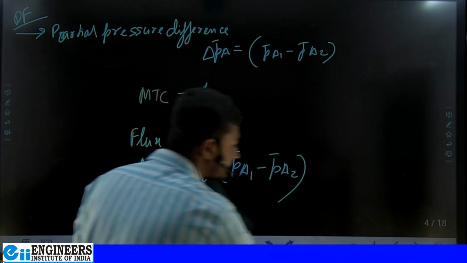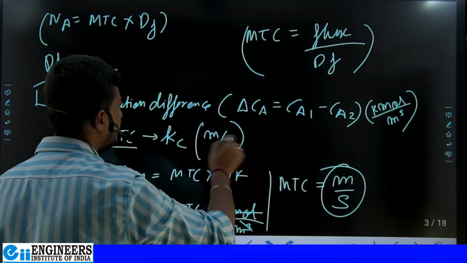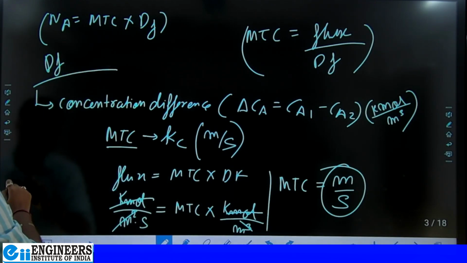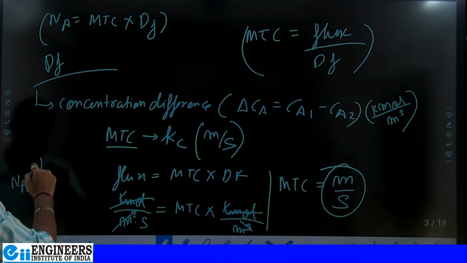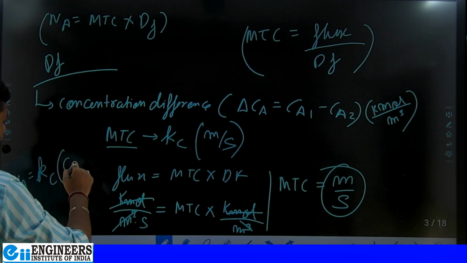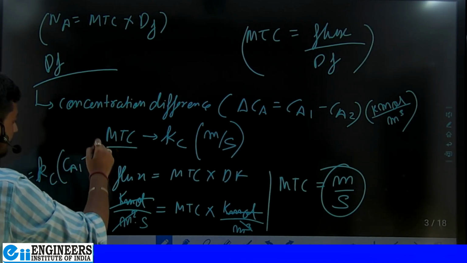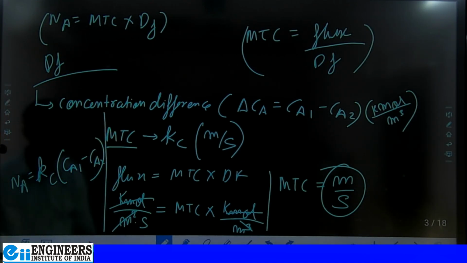In the previous case, for concentration difference, our flux Na was defined as Kc into Ca1 minus Ca2.